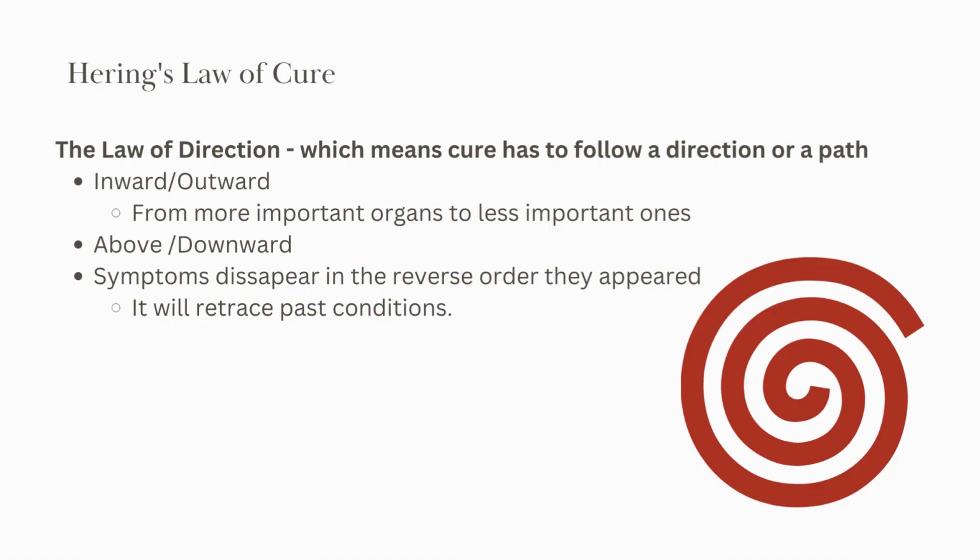The law of direction means cure has to follow a direction or a path. Let this really sink into your body. Here's some of the directions. There's inward to outward, from more important organs to less important ones. There's above to downward. And then there's symptoms that disappear in the reverse order that they appeared.